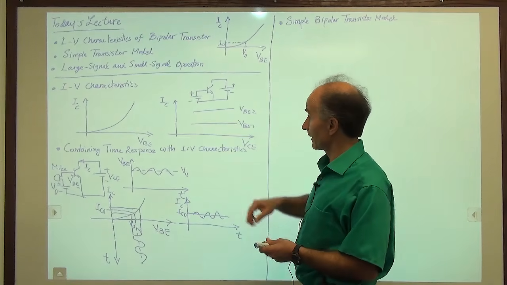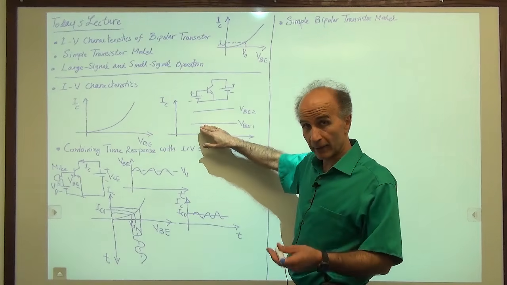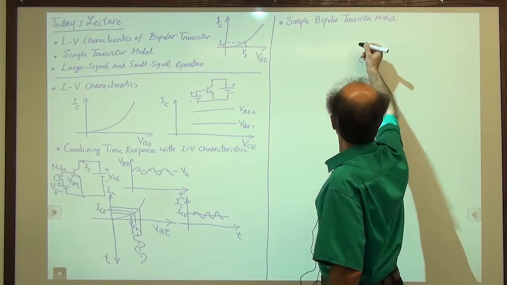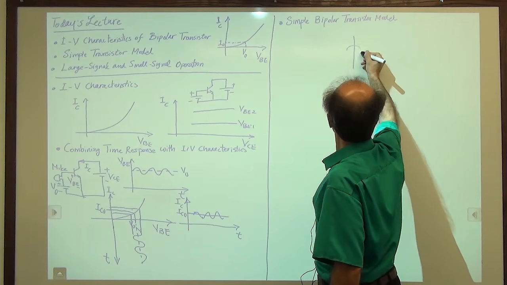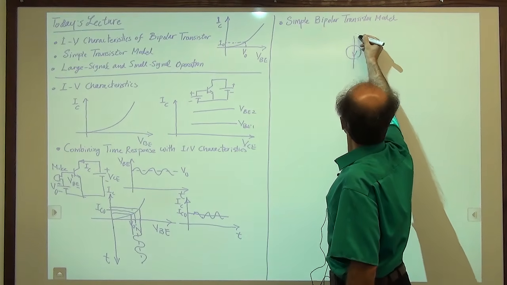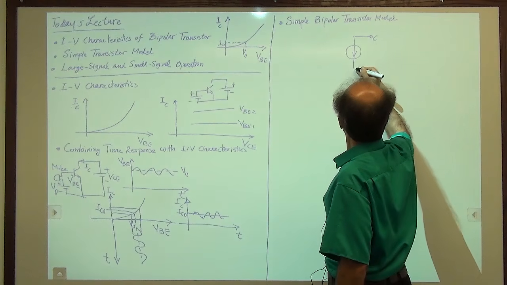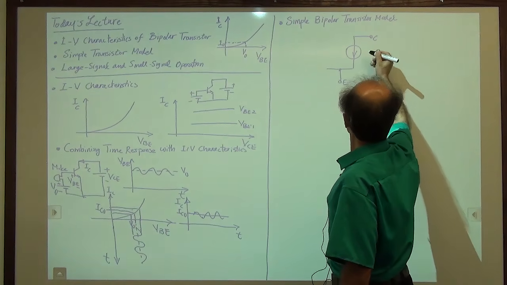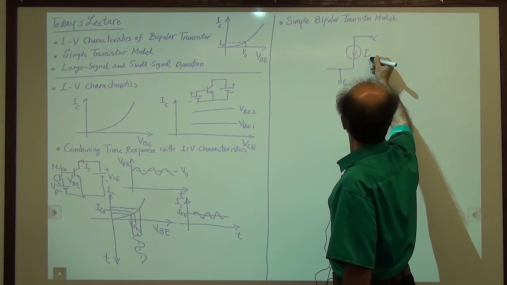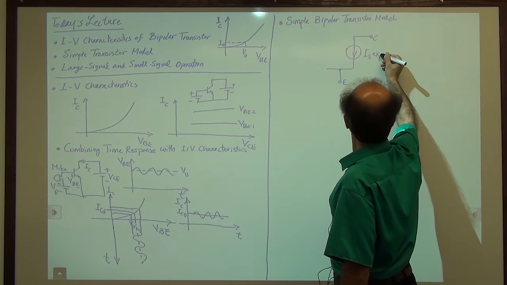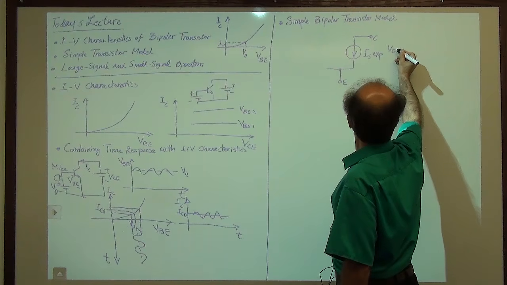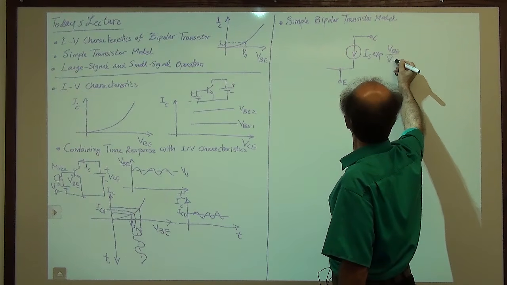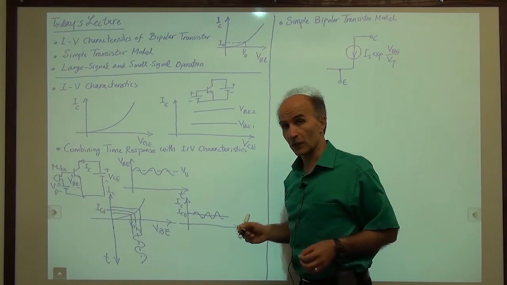So we decided that it's a current source and it's a voltage dependent current source. So I will draw a current source between the collector terminal and the emitter terminal, and I write it as IS exp of VBE over VT, assuming that that -1 is negligible.